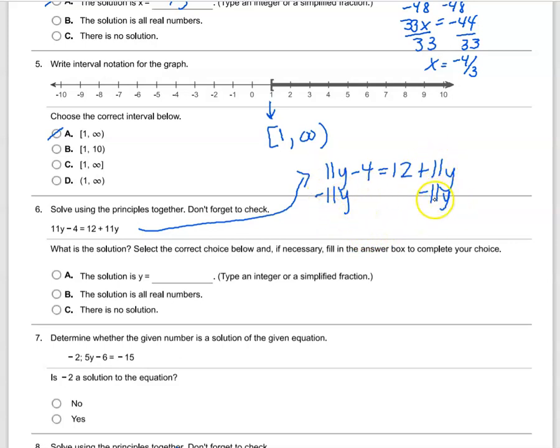But when we do that, all the variables cancel out, and we've got -4 is equal to 12, which is not true. So this is one of those that has no solution. Doesn't matter what it is. We can't plug any number in for y that would work.